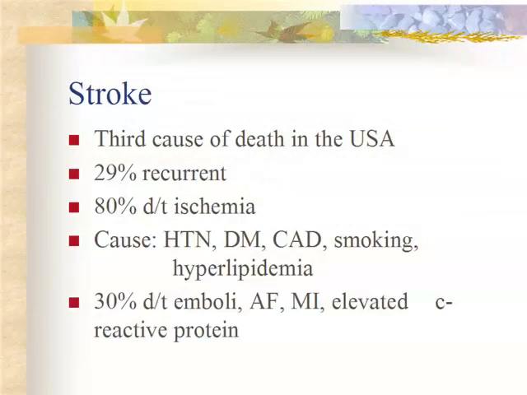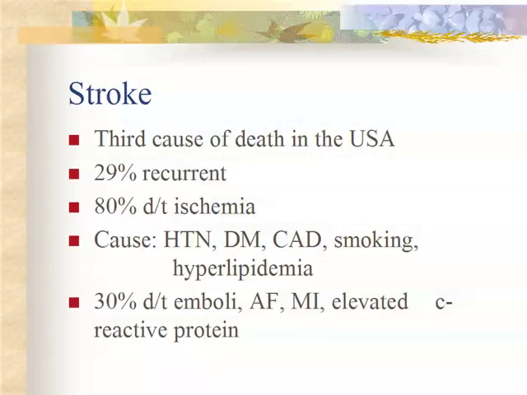Stroke. It's the third leading cause of death in the United States. 795,000 Americans suffer strokes each year. 144,000 deaths from that each year, but that is down about 30%.